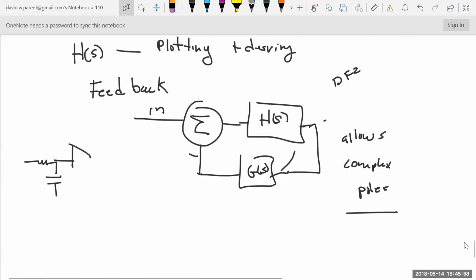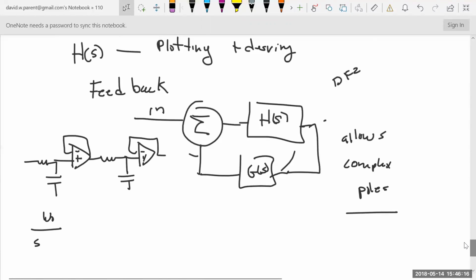These circuits, right, I could take this and feed it into this, right? This has got a real pole, this has got a real pole, right? I multiply them together and I get a real pole, two real poles.